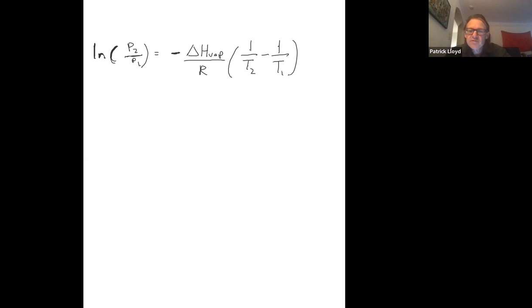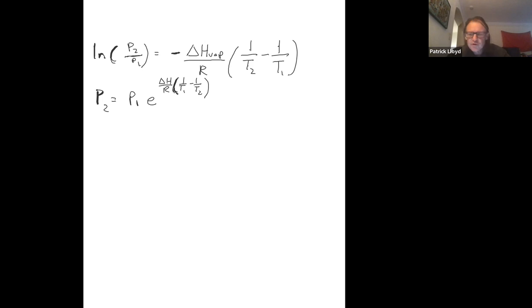Now, what I'm going to do is show you another form of it, which is P2 is equal to P1 times e to the delta H over R times 1 over T1 minus 1 over T2. This is another form of it. Okay.